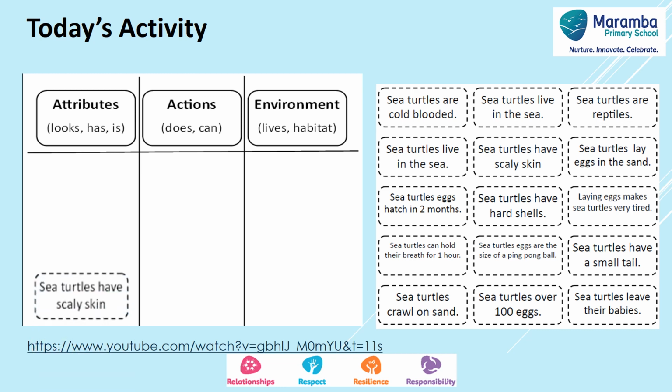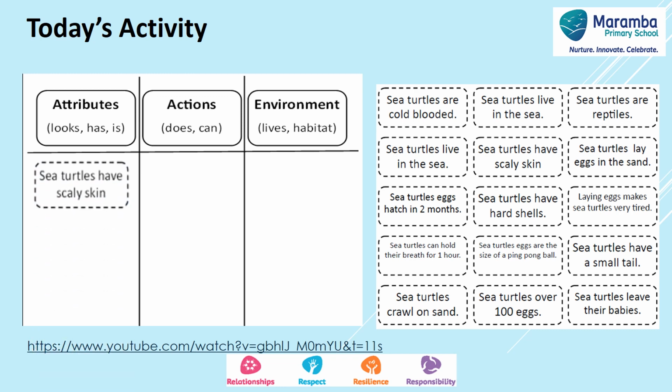So for example, in the attributes column, I have placed sea turtles have scaly skin because I'm talking about what they look like. In the actions column, I've put laying eggs makes sea turtles very tired because this fact is talking about something that they do.